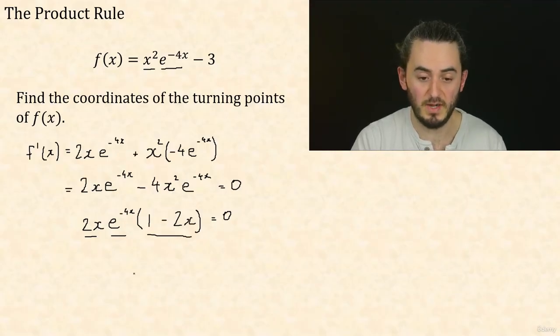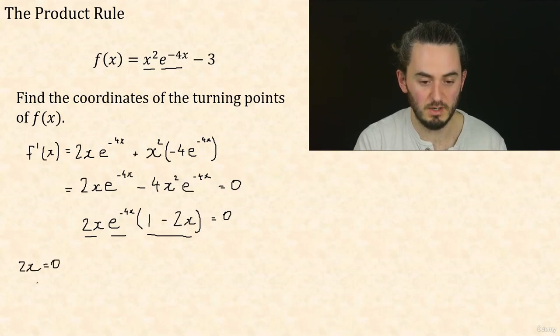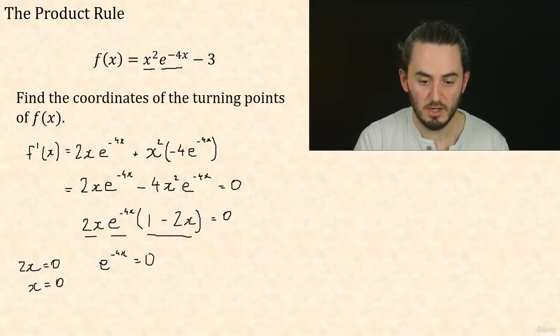So the turning points happen when any of these things are 0. So when 2x equals 0, obviously x is 0. E to the negative 4x equals 0, there's no solutions to that because the exponential function is never equal to 0. And when 1 minus 2x is 0, that's when x is a half.